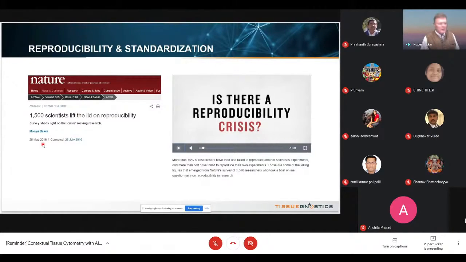And following this survey, there was a global discussion, also referred to as the reproducibility crisis. Namely, the result of this survey among 1,500 scientists was not more and not less than the fact that 70% of the researchers reported to have problems in reproducing published data.